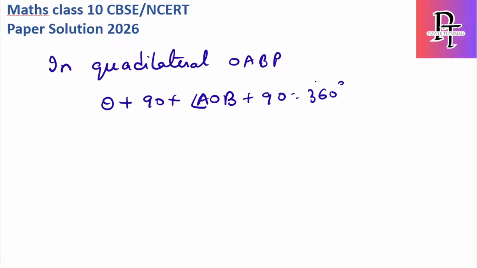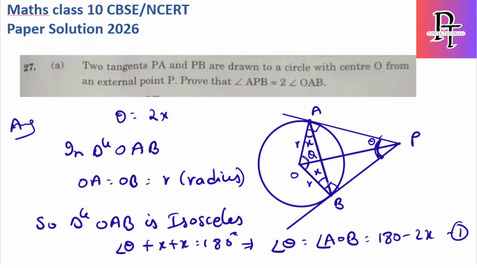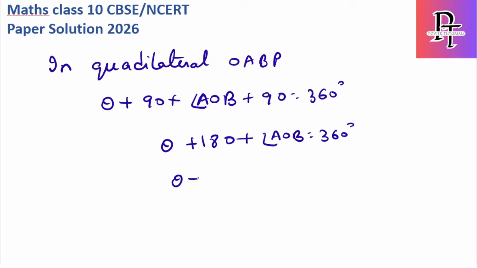From here you can write theta plus 180 plus angle AOB is equal to 360. I already know angle AOB: using 1, it is 180 minus 2x. So theta plus 180 plus 180 minus 2x is equal to 360.